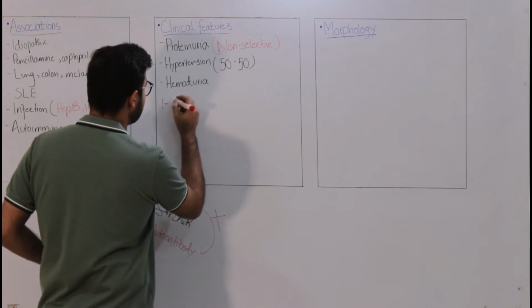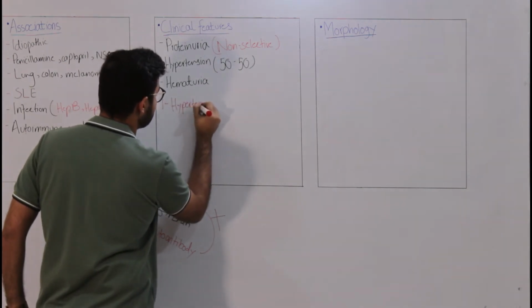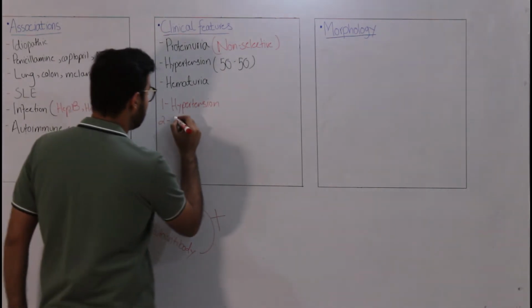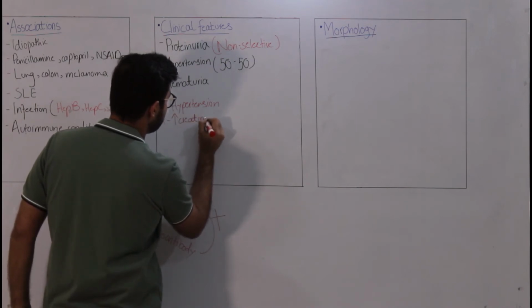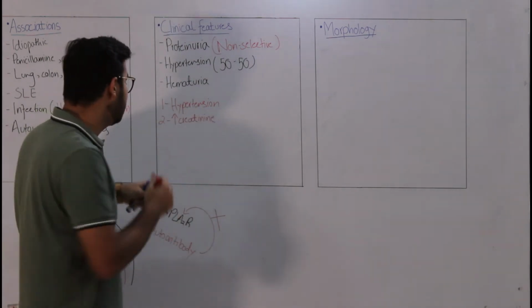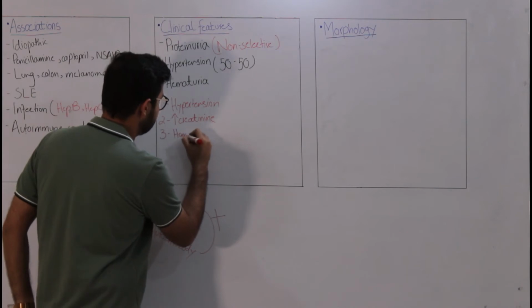The first one is going to be development of hypertension, severe hypertension. Apart from hypertension, you're going to have raised creatinine levels. Raised creatinine levels, hypertension, and you're also going to have hematuria, massive hematuria.